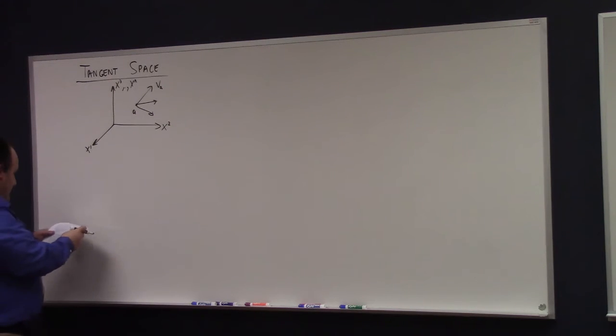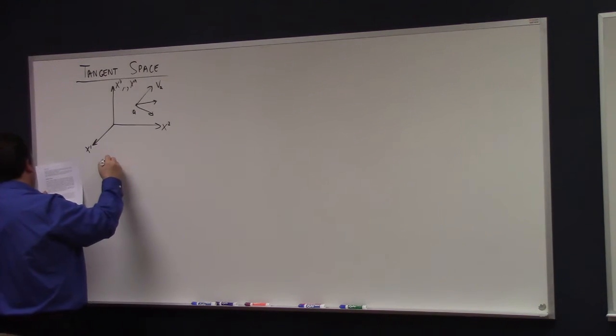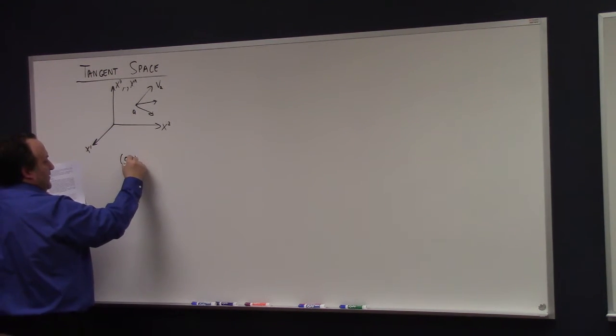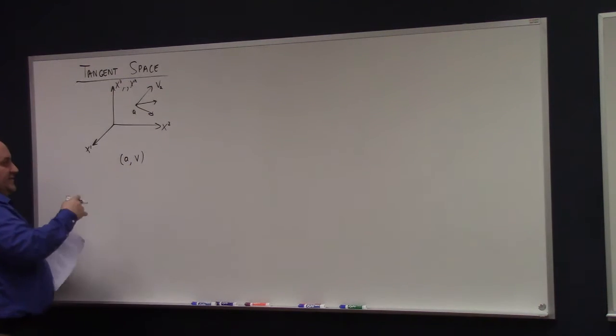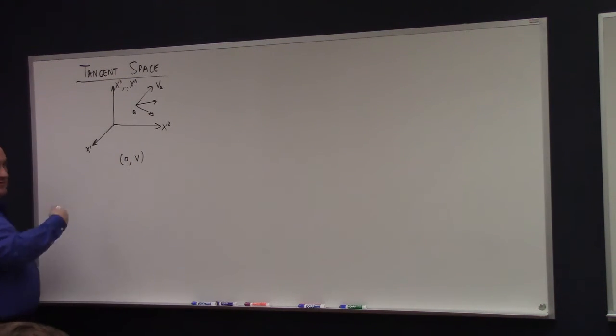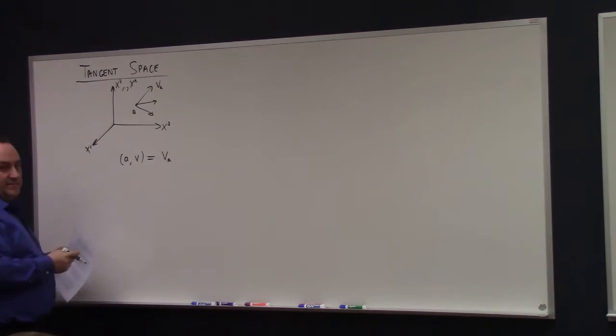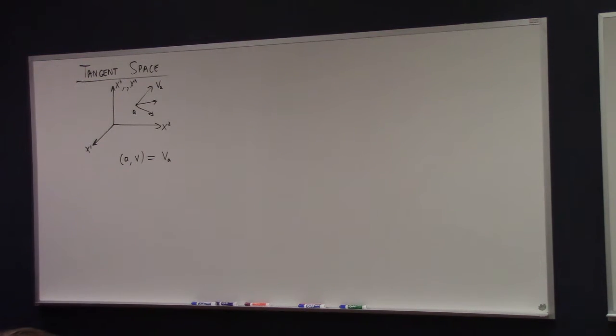And so he points out, you could think of it specifically. You could denote it like A comma V to say, okay, that's the base point and that's the vector. You could use that technique to identify the base point of the vector if you wanted, but a nicer notation is probably just V sub A. It's V at the point A.